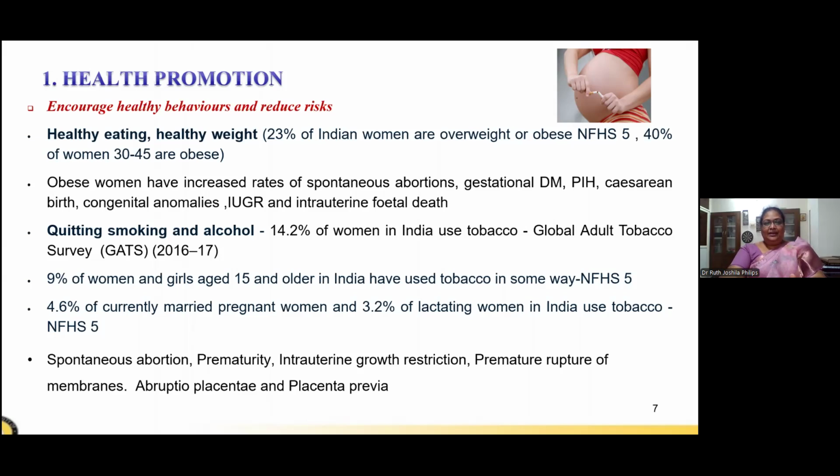And alarmingly, it is increasing, especially in the urban areas, with the Western culture seeping in. A lot of girls and young ladies have smoking as their habit. So smoking leads to spontaneous abortion, prematurity, IUGR, premature rupture of membranes, abruption of placenta, and placenta previa.